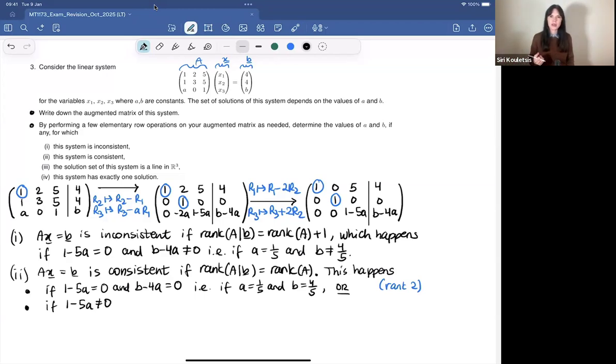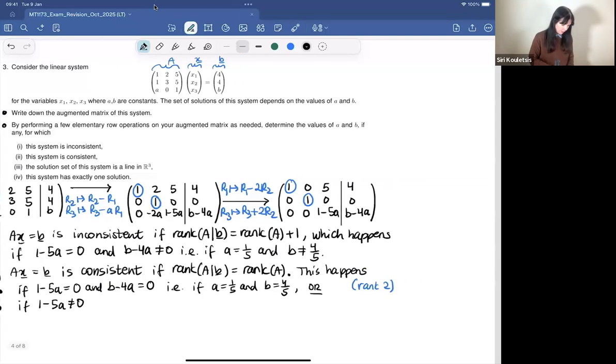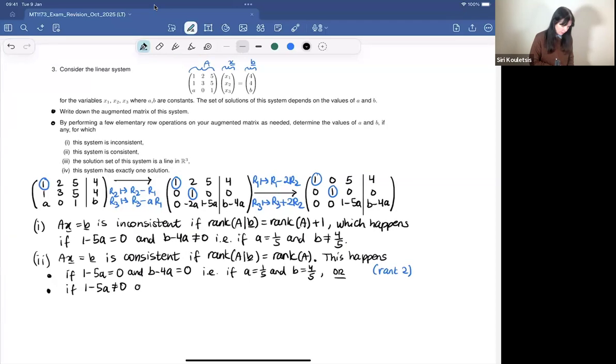If 1 minus 5A is non-zero, okay, then the coefficient matrix here has 3 leading ones. Is there any condition on the right-hand side then and on B? No, there isn't. So then B can be anything.